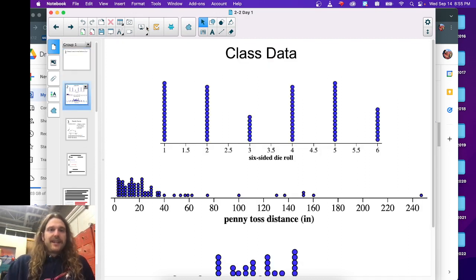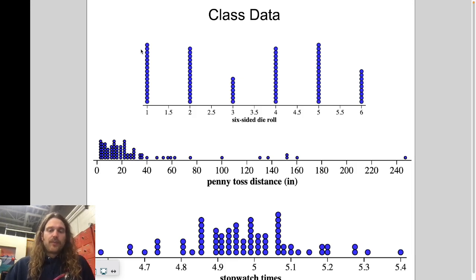Right away, let's take a look at this class data that we did. We played three little activities last time you were in class. We had everybody roll some six-sided dice, and we see that, like we would expect, if we were to continue to do this, the levels of these die rolls are going to stay roughly the same.